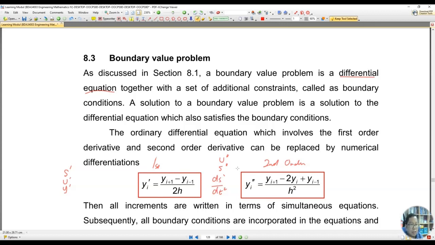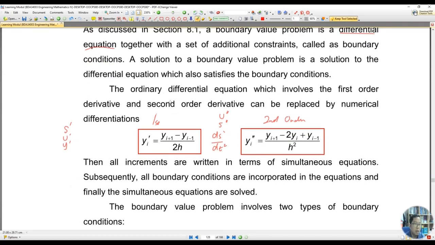So you have to replace it with y i plus 1 minus 2y i plus y i minus 1, over h power of 2. Remember, this is a very important equation that you will use during the calculation.